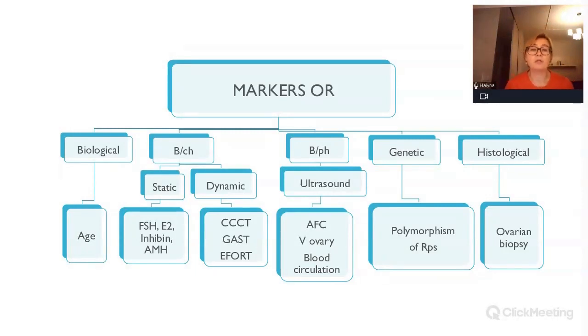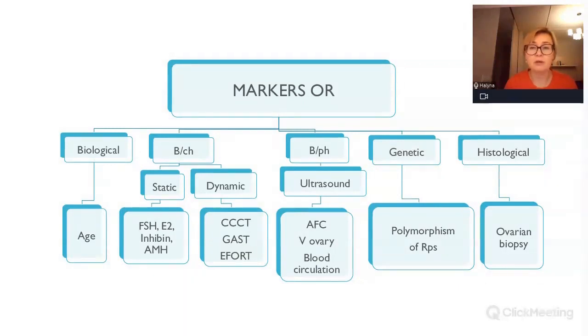Actually, our ultrasound machines are quite sensitive, and if we have follicles more than 2 millimeters in diameter, we can see them in ultrasound. Also an important point is genetic tests, because in some cases women can have a good number of antral follicles, but her receptors are not correct.